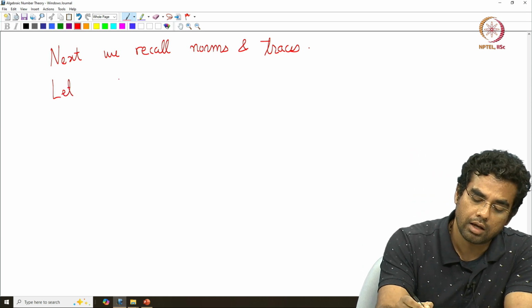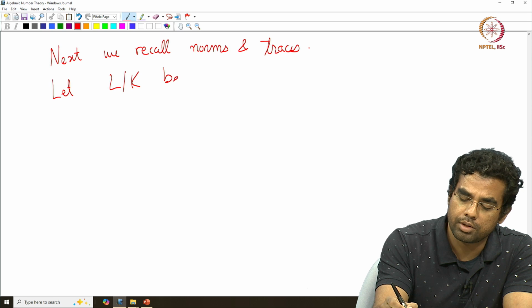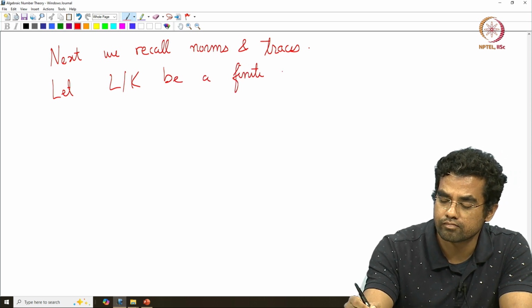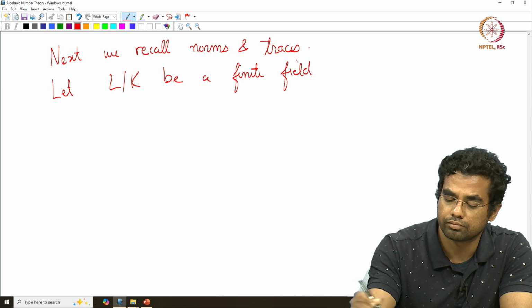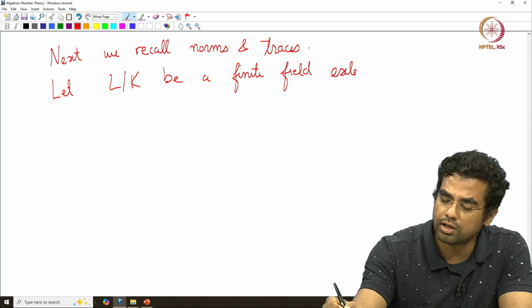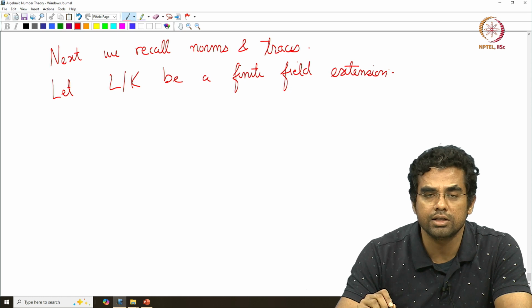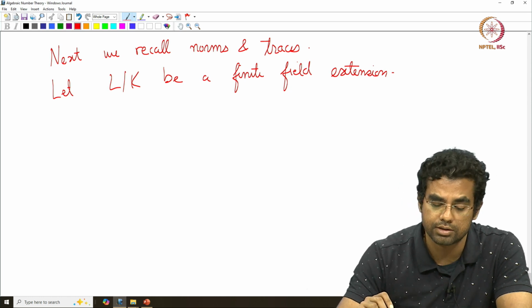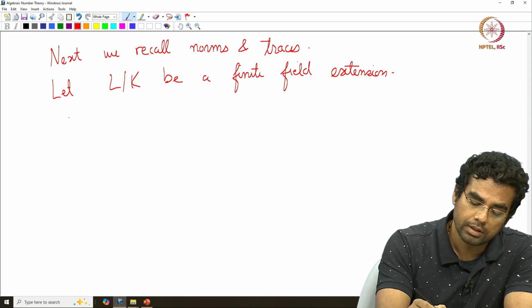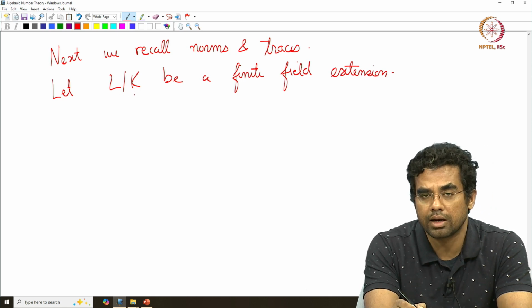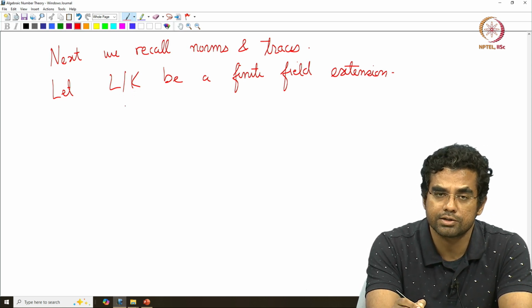So, let L over K be a finite field extension, not necessarily number fields at the moment, but in the end we will study this mostly in case of number fields. Okay. Then as we know L is a K vector space and it is a finite dimensional K vector space.